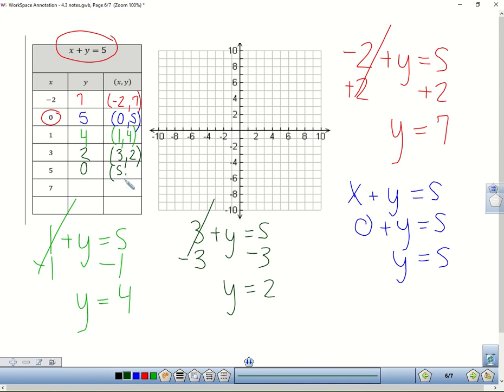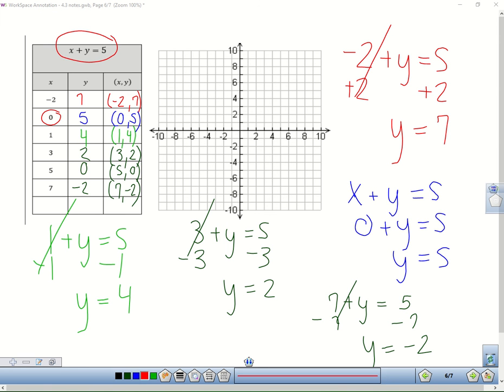So it would be 5, 0. And the next one, if I plugged in 7, it would be 7 plus y is equal to 5. I subtract, y equals -2. So it would be 7, -2.